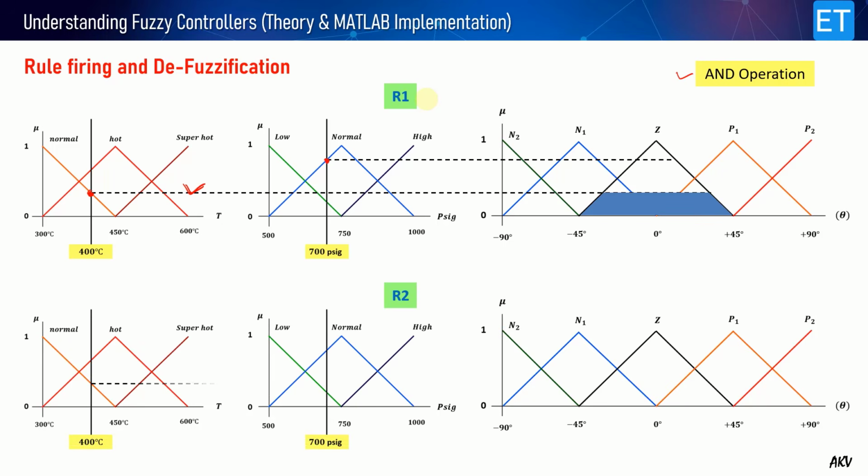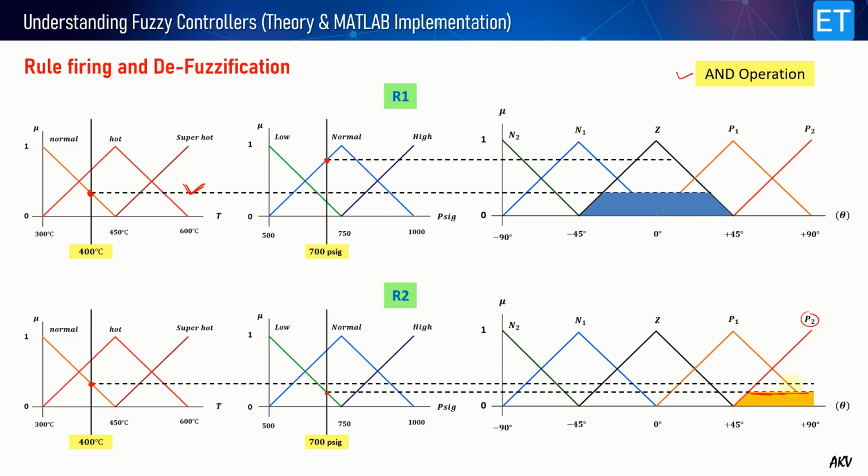In rule 2, when temperature is normal and pressure is low, then output is P2. Since it is an AND operation, we will highlight the minimum area under the P2. So this P2 rule is activated.